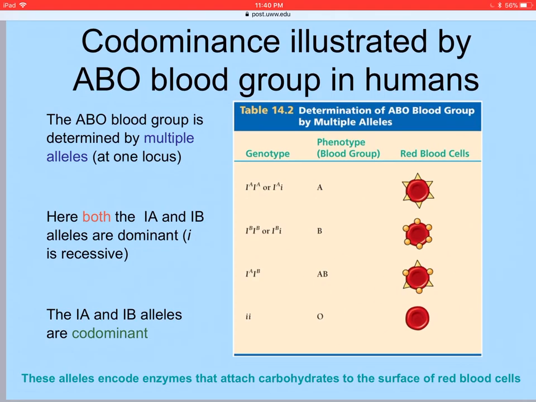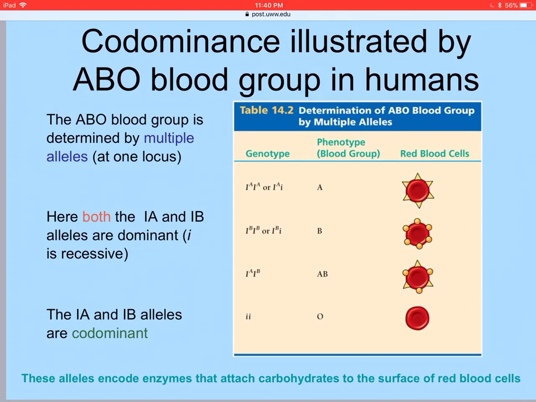If you're phenotype B, you might have little circles. If you're phenotype AB, because of this codominance, you are going to have both circles and triangles. And if you are O, you're not going to have any markers on the surface of your red blood cells.